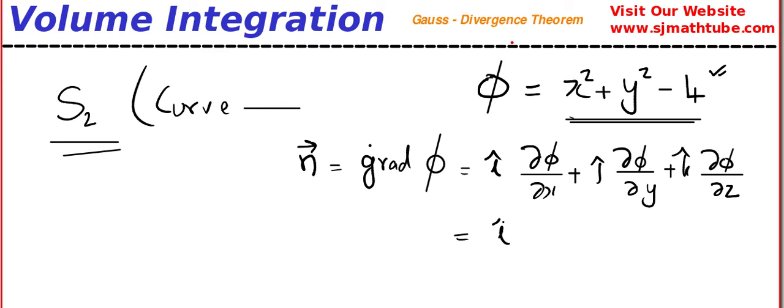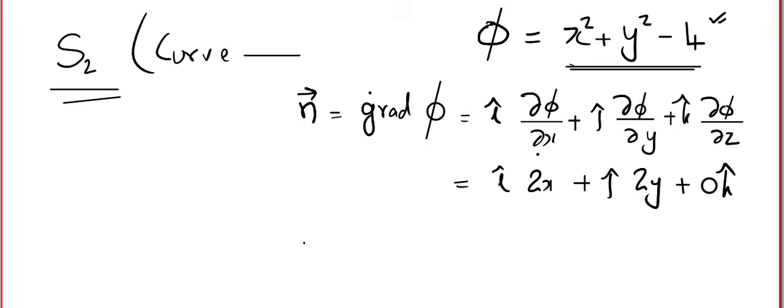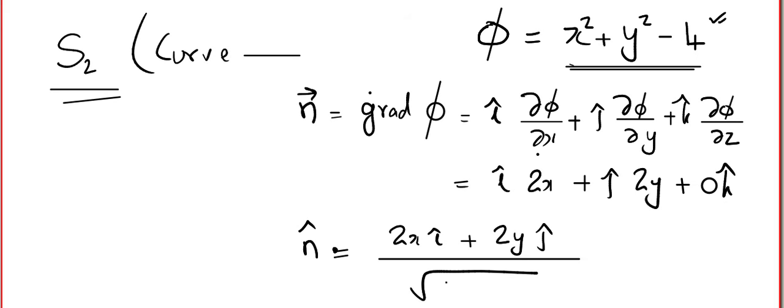So we get i 2x plus j 2y plus 0k. We need unit normal vector. You know how to make a vector into a unit normal vector, right? Divide throughout by the modulus, root under 4x squared plus 4y squared.